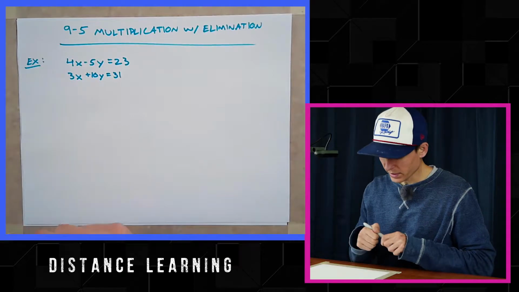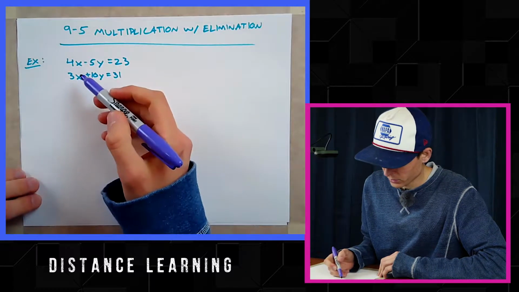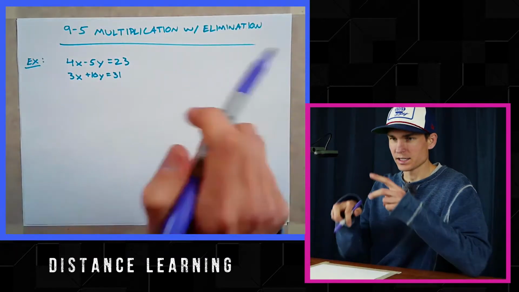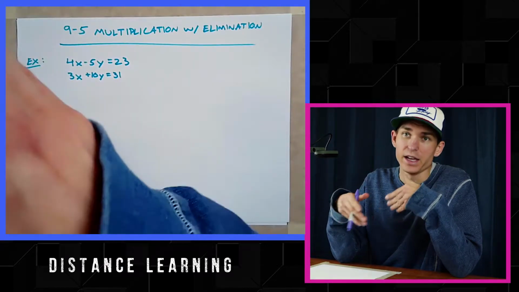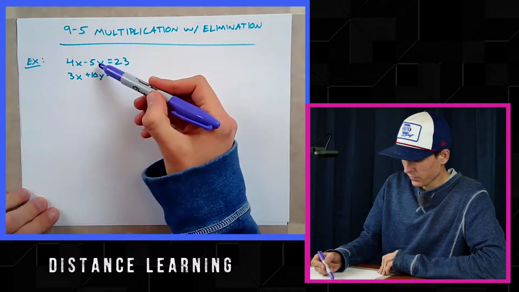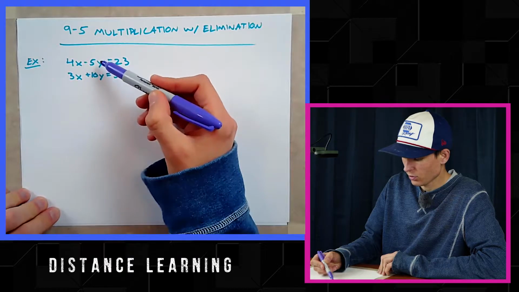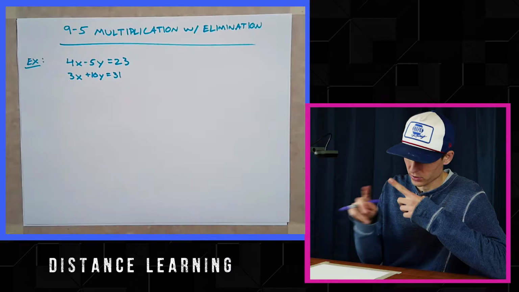So if you look at these two, you cannot right now directly combine them to cancel anything. Remember, it's easiest to add. I prefer to add, so I'm going to try to do everything with addition if possible. If I wanted to cancel the y, we're going to do it the smart way and multiply one equation.